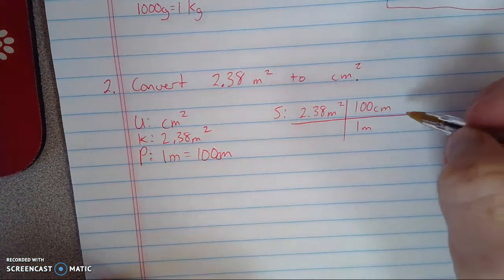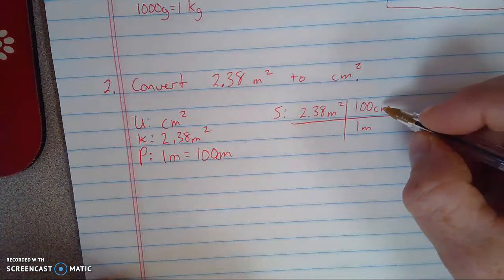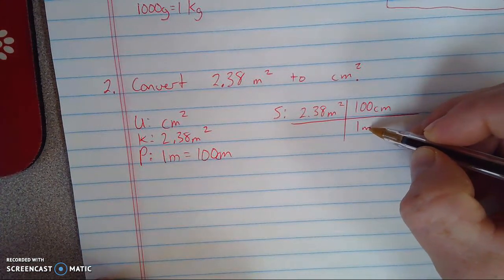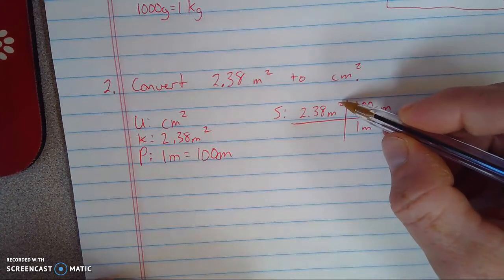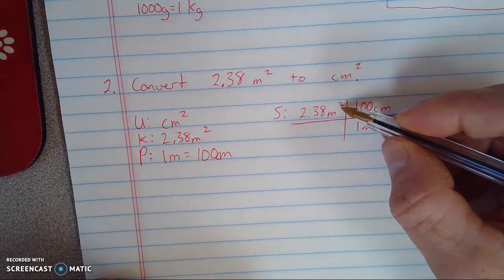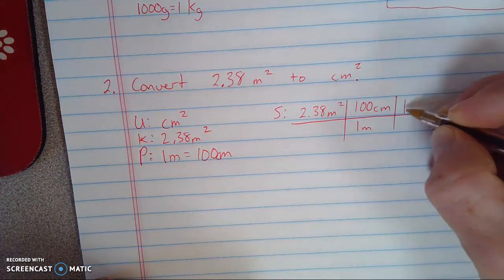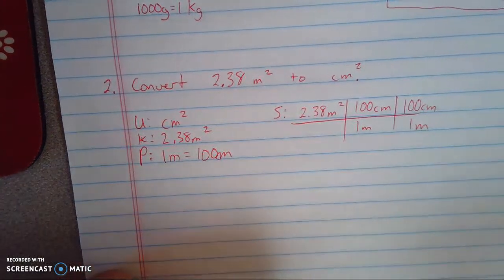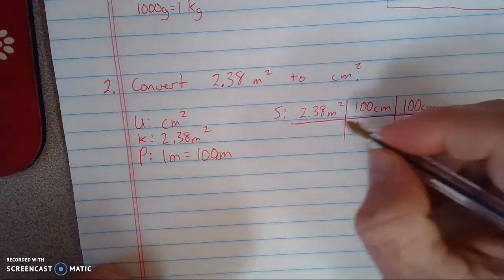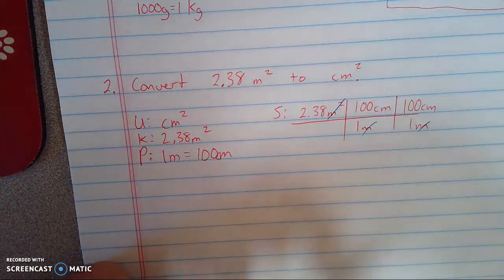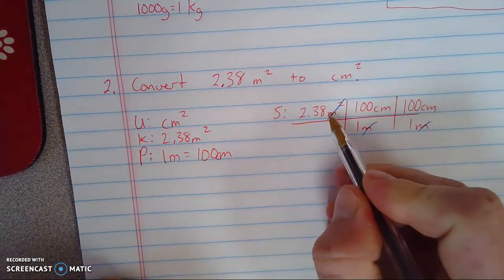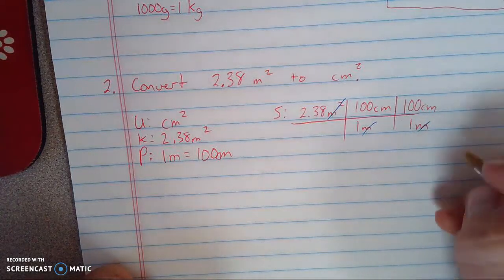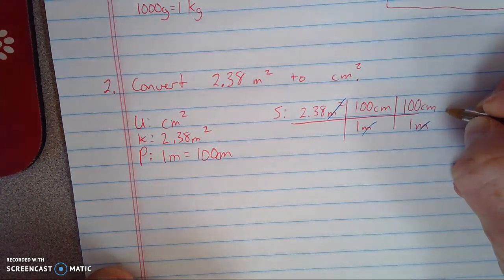If we try to start canceling out units here, there's a problem, because if we have meters squared and meters, that only cancels out one of the meters in the meters squared. So we would have to do this conversion twice to get both of the meters to cancel out. Meters times meters gives you meters squared, so you've got meters squared on top and meters squared on the bottom, and they cancel out. So we'd be doing 2.38 times 100 times 100, and centimeters times centimeters gives us centimeters squared, which is what we want. That's one way you could think about this.